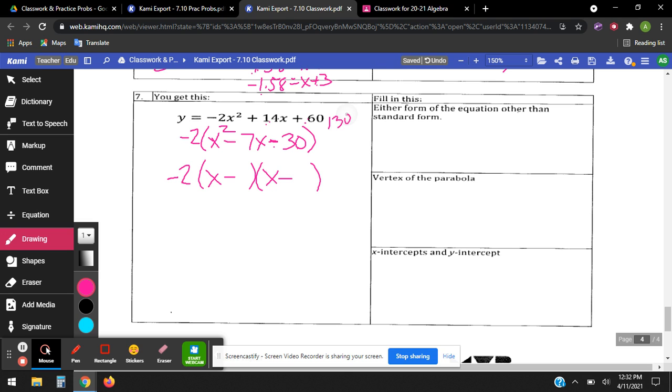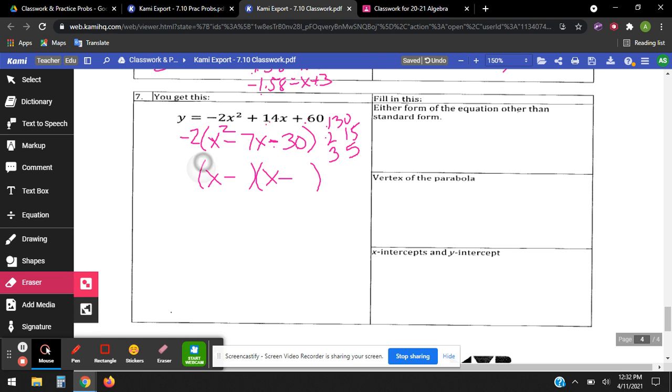Well, 1 and 30 don't. That's 29. 2 and 15 subtract to get 13. 3 and 5 subtract to get 2. Oh, you know what? I forgot we don't take this out yet. We don't do that. Let's back up. I'm mixing up my vertex form and my factored form.